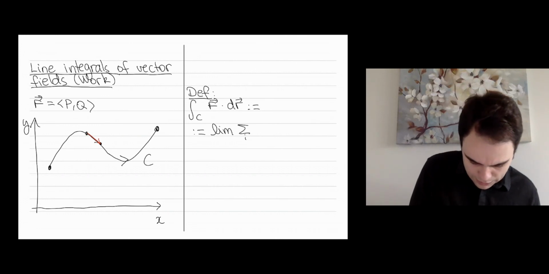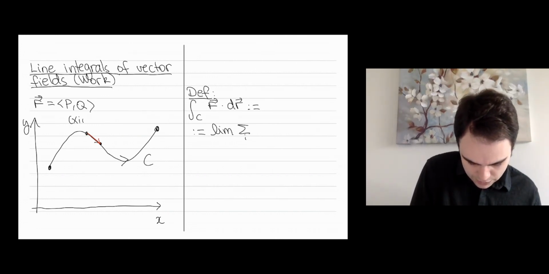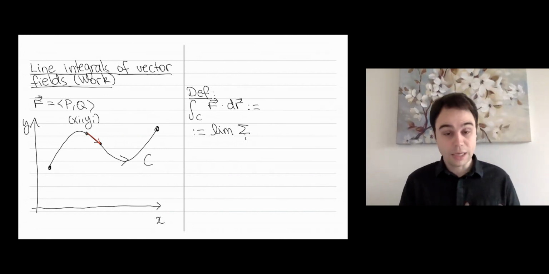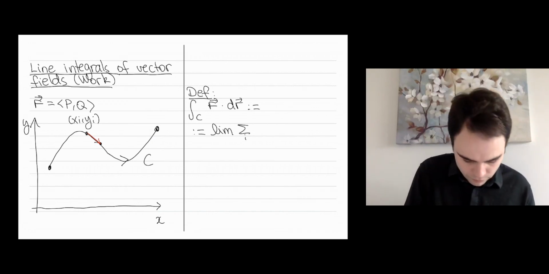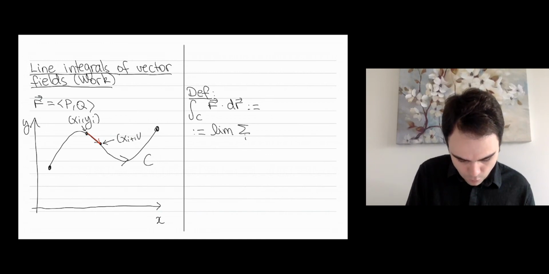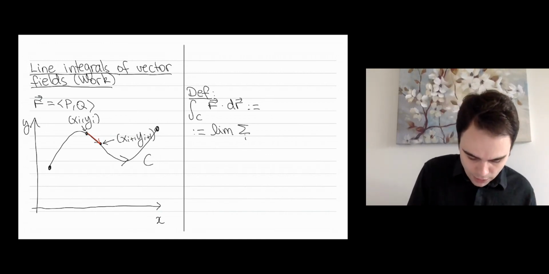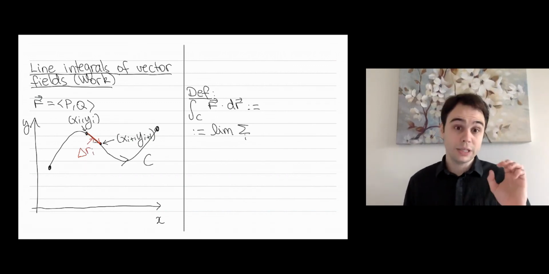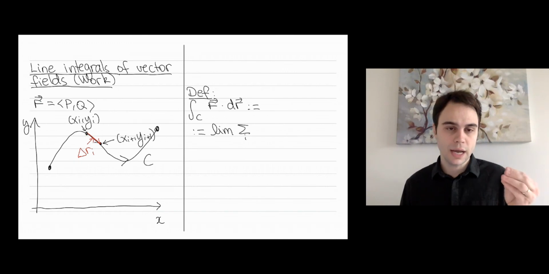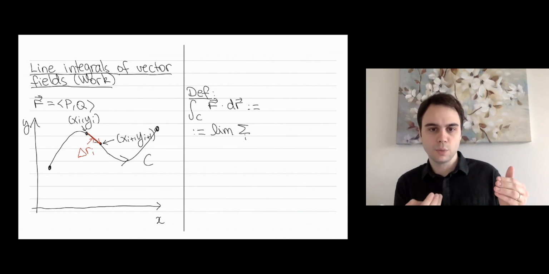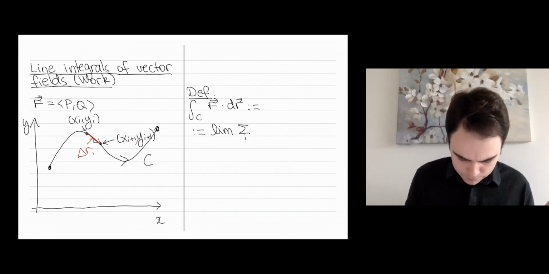Let's be more precise. So we have points xi, yi. That's the ith point in the subdivision of the curve, and then another point xi plus 1, yi plus 1, and delta ri is this little vector that points from xi, yi to xi plus 1, yi plus 1.